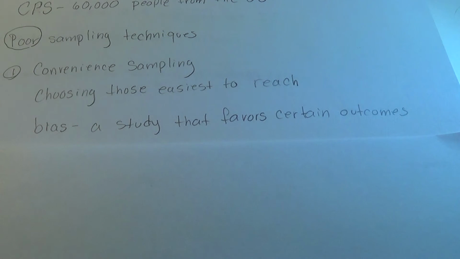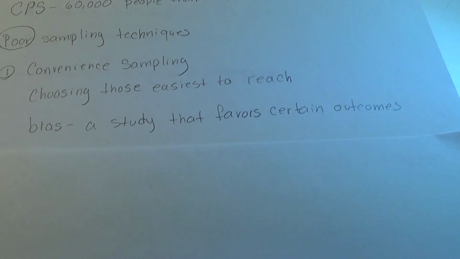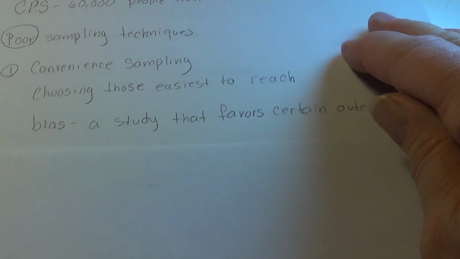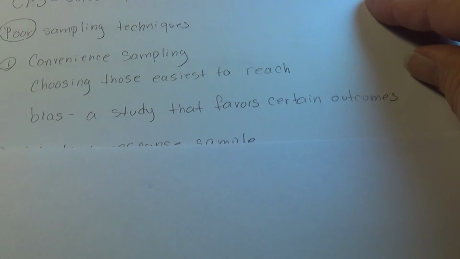They all had money to shop, they all lived in a certain area, and so on. So convenience sampling is normally very biased and is not a good study. We are to avoid bias at any cost.